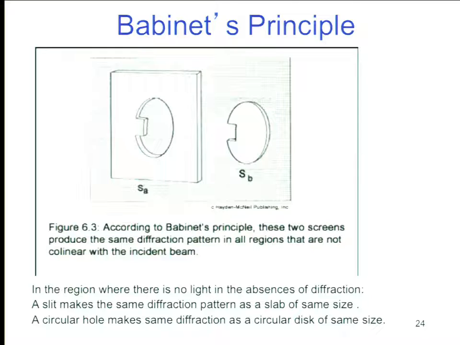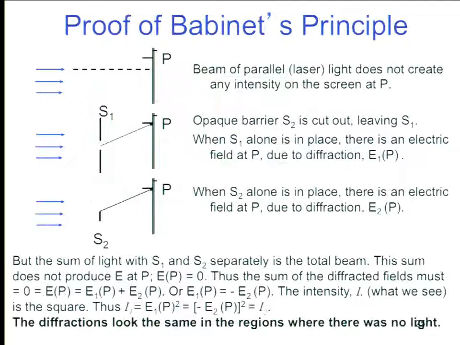That's not terribly obvious. But again, a clever Frenchman by the name of Babinet, which sounds like cabinet, but it's Babinet, proved it very cleverly, and I have the proof here on the next slide. It's in my PowerPoints.